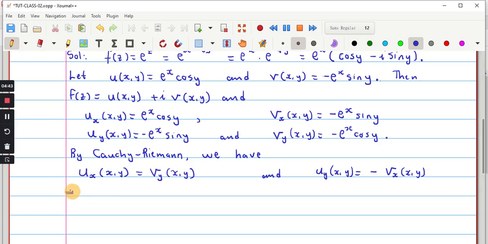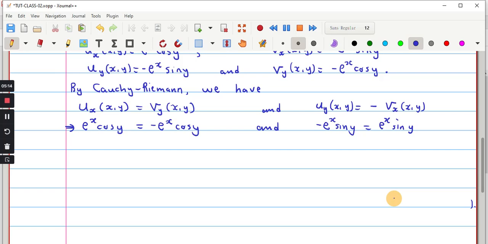This implies that we should have e to exponent x cos y being equal to negative e to exponent x cos y, and negative e to exponent x sin y being equal to e to exponent x sin y. So this is what we should have by Cauchy-Riemann.